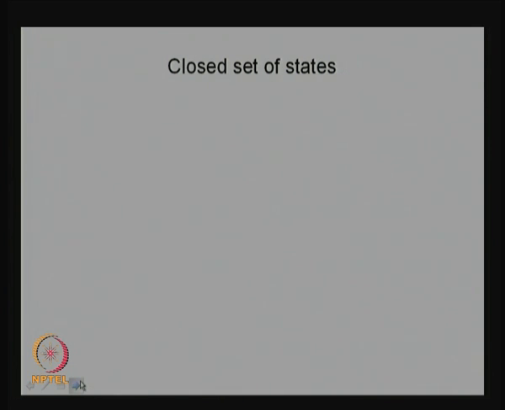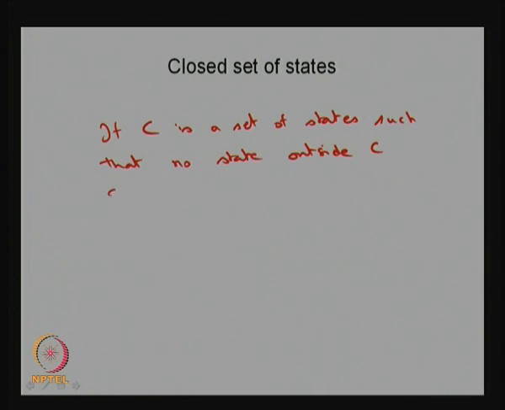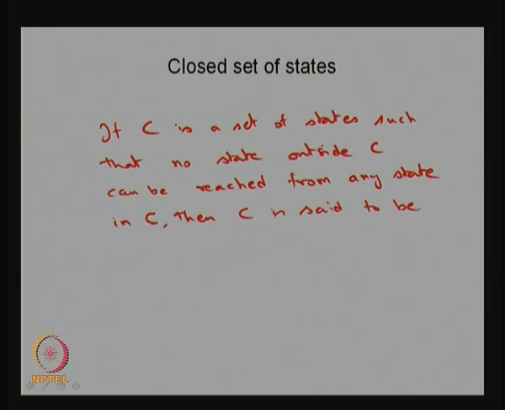If C is a set of states such that no state outside capital C can be reached from any state in capital C, then we say the set C is said to be closed.